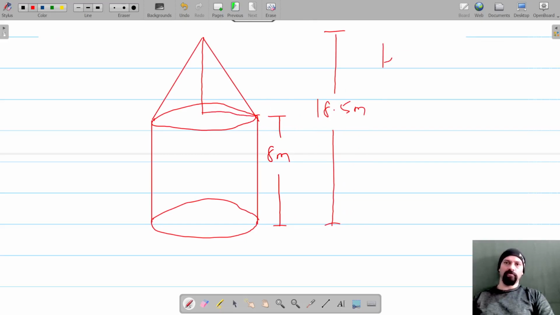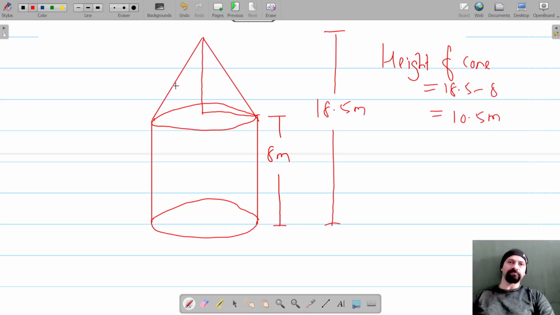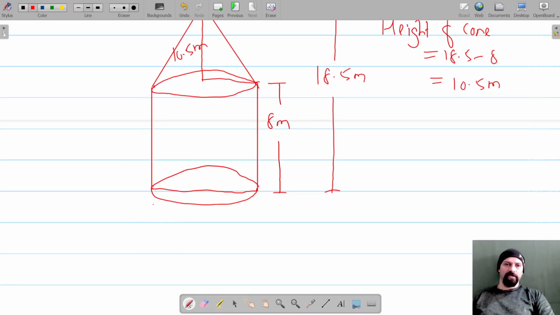So height of cone is equal to 18.5 total height minus height of the cylindrical part, which is 10.5 meter. So this is 10.5 meter, and diameter is 28.